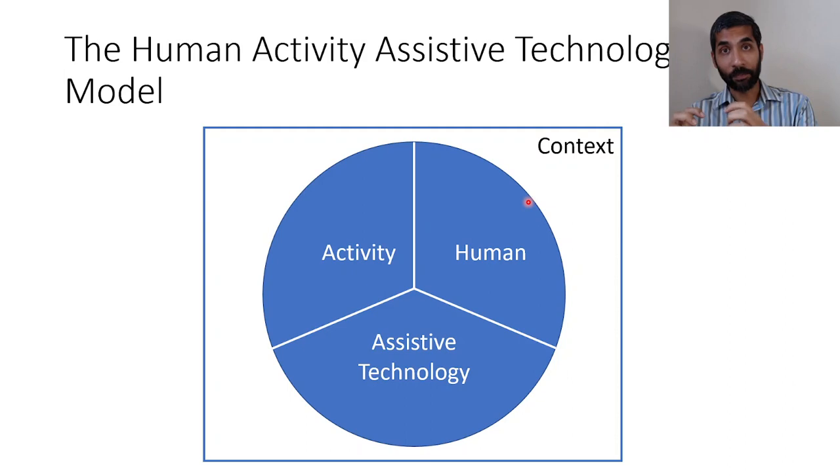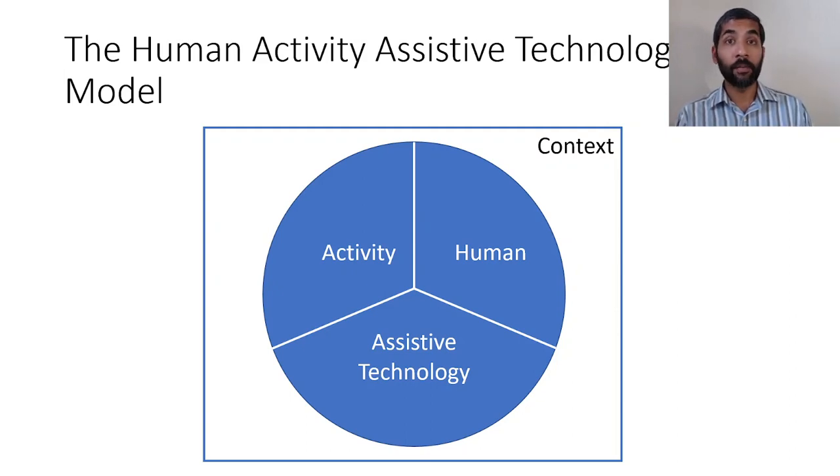Okay, that's the human part of it, that's the medical problem, something that is deviating from the normal functioning of the human body, right? We have only talked about motor and sensory disabilities till now, but you could have disabilities like cognitive disabilities, right?